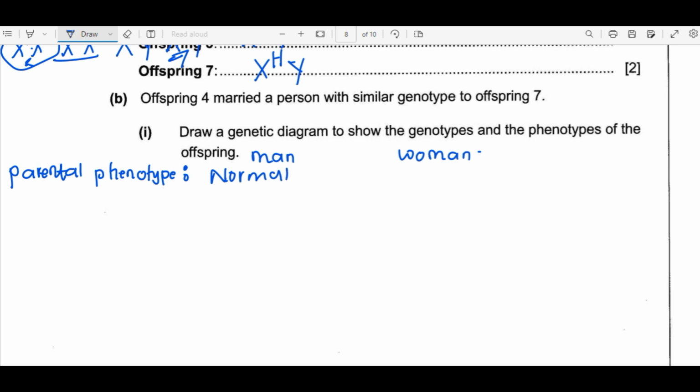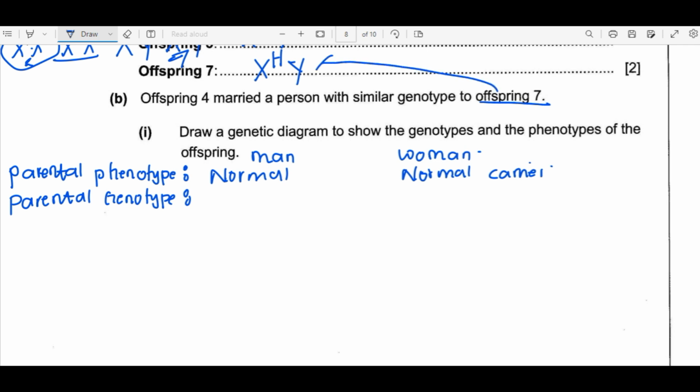Then for the woman, we'll say normal carrier. Then parental genotype. For the man, compared to offspring 7, we are using XHY. Then the carrier is XHXh.